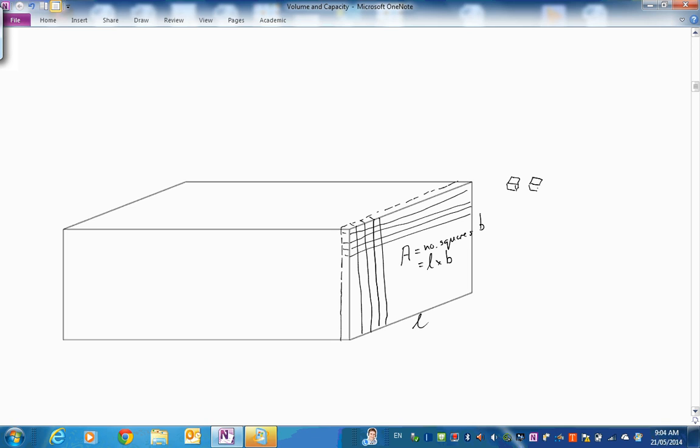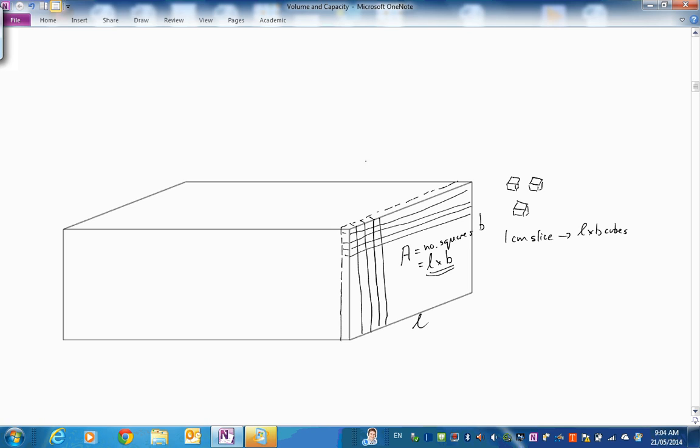And how many cubes will we have for each slice? Well, each of these squares is going to form a cube. So a 1 centimetre slice backwards is going to produce length times breadth lots of cubes.